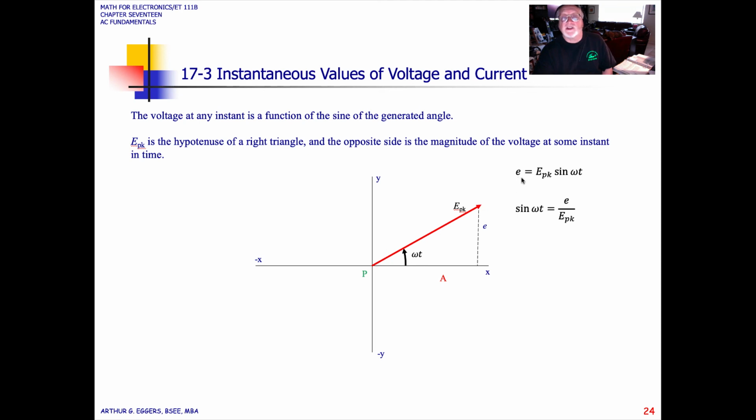Okay, so going back to the definition, the instantaneous voltage is equal to the peak value, which is the length of the hypotenuse, times the sine of omega t. We can then say sine omega t is equal to the ratio of the height of the radius off of the x-axis divided by the length of the hypotenuse, E peak. Okay, so this is all really just right triangle trigonometry.